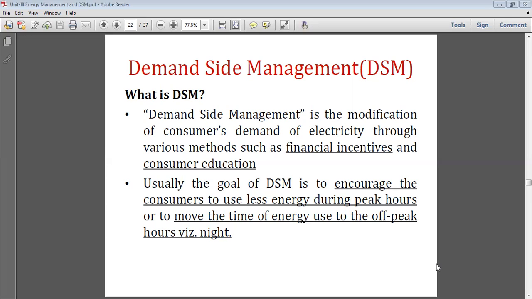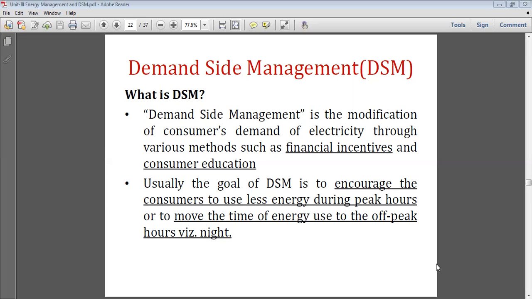You have to construct some dam. In the dam construction, you have to increase the water catchment area, and hence you have to resettle the people who are living nearby the proposed dam construction area. Okay, so these are the points that have to be considered in demand side management.